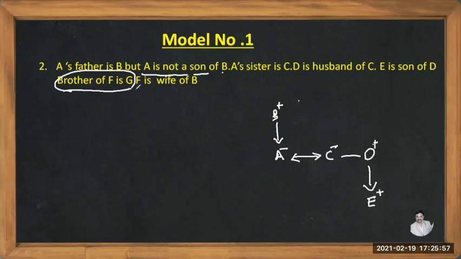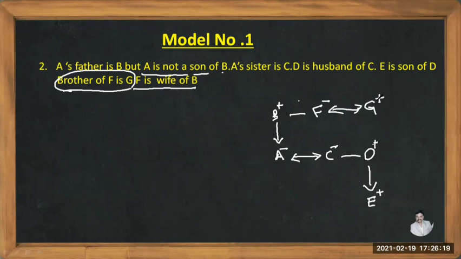If you see the next sentence, F is wife of B, so F is connecting with B, so we can say F is minus, and this shows the wife-husband relation. And brother of F is G.